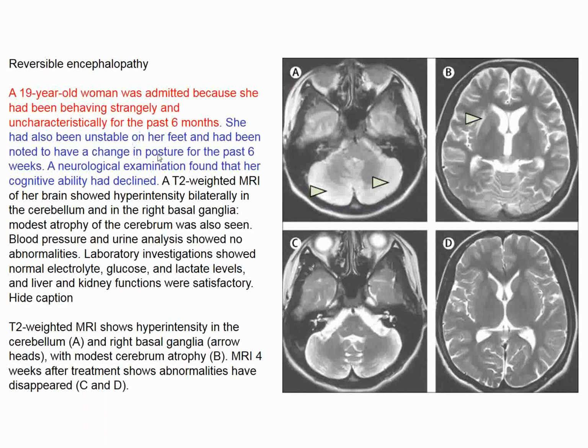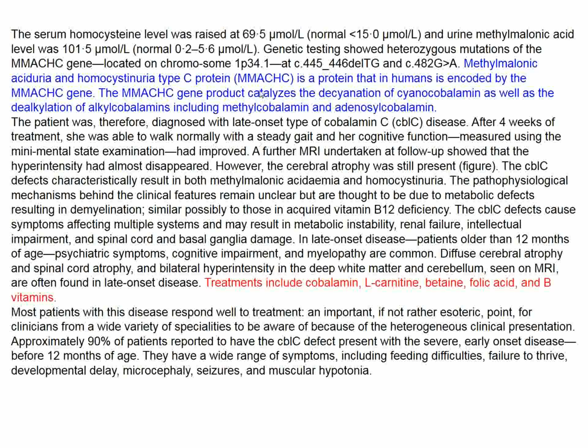She's unstable on her feet, so she has definite neurological symptoms and decline, and various imaging techniques are applied here, and nobody knows exactly what she has, so additional testing is done, and indeed she has methylmalonic aciduria. And homocysteine values are high.